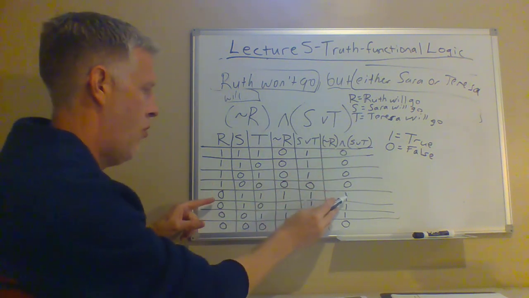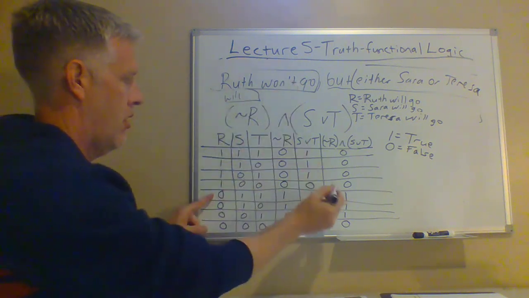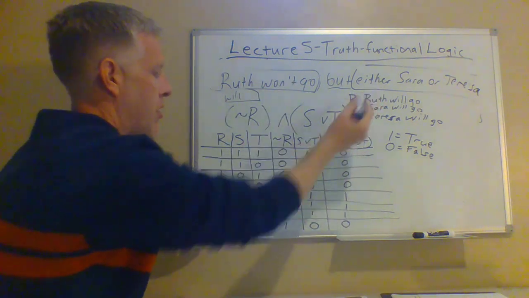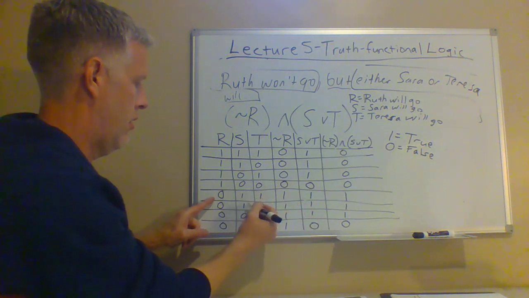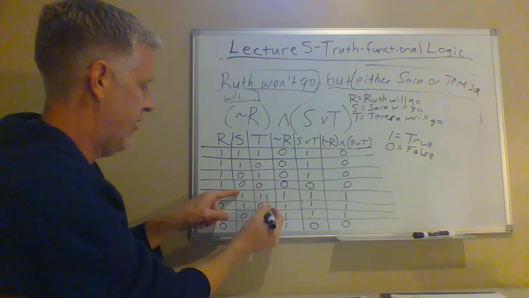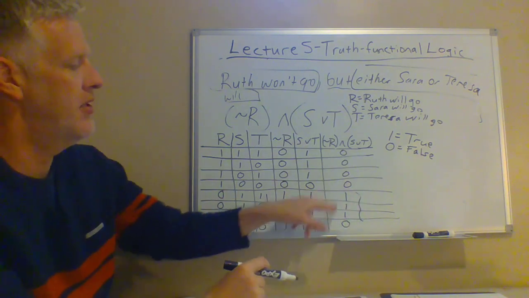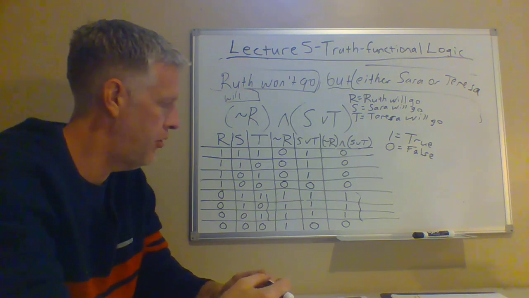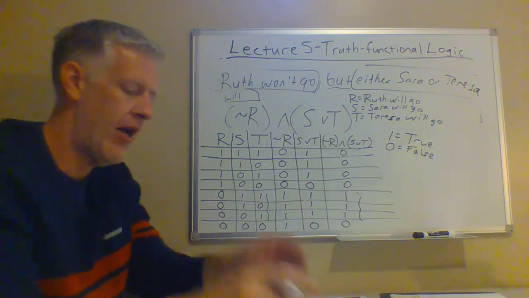Well, when Ruth doesn't go, and when either Sarah or Teresa does go. So in all three of these scenarios, one of them goes, right? And what do you know? In all three of those scenarios, the thing as a whole is rendered true. Again, hopefully that's starting to make some sense.